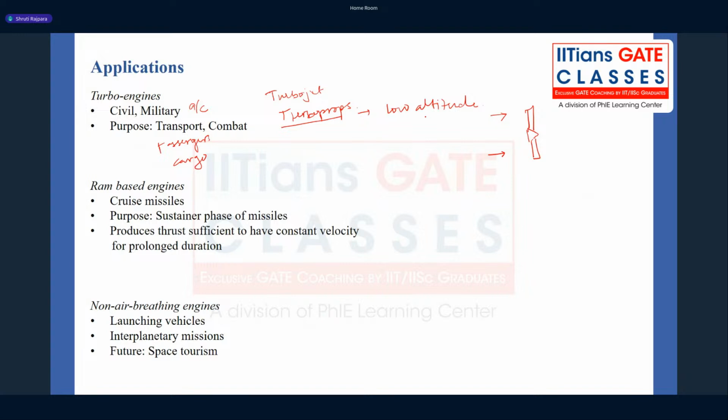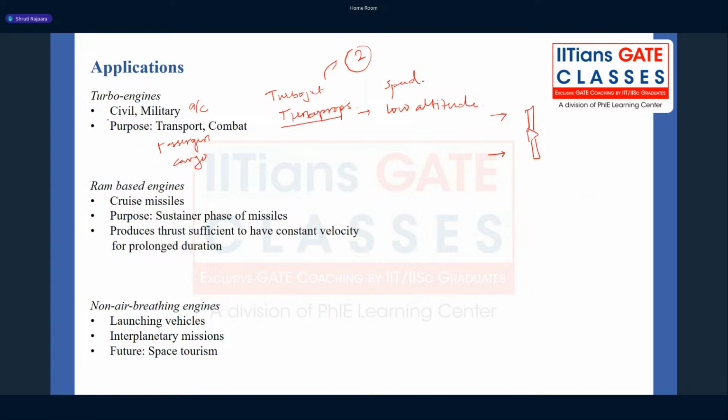So depending on the altitude and the speed with which you want to operate your aircraft, you have to choose which engine can be applicable. Turbojet engines are highly flexible, and they can reach up to Mach 2. So fighter aircraft mostly use turbojet engines.